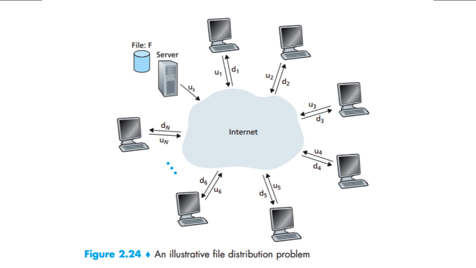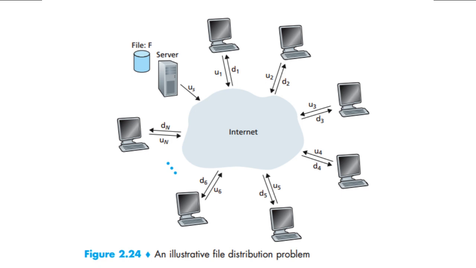Let d_min denote the download rate of the peer with the lowest download rate. That is, d_min = min{d_1, d_2, ..., d_N}. The peer with the lowest download rate cannot obtain all F bits of the file in less than F/d_min seconds.